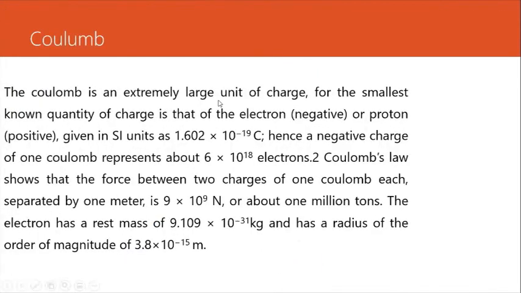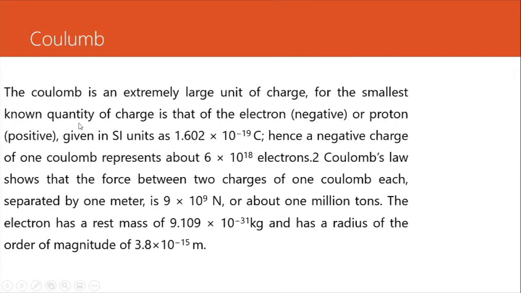Okay, let's continue. The coulomb is an extremely large unit of charge, for the smallest known quantity of charge is that of the electron, negative, and protons are positive. As we know, the coulomb has a unit charge.